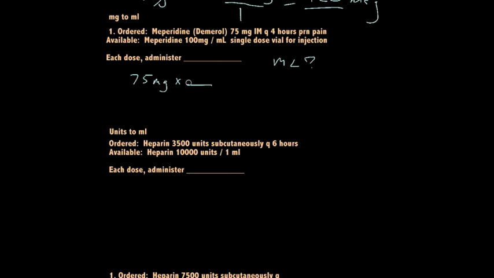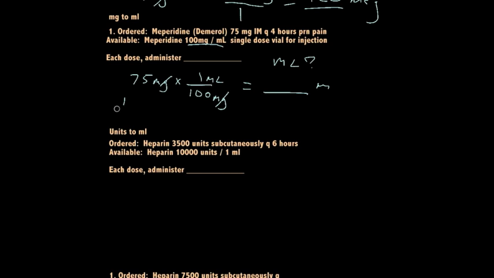So that's what I'm looking to get to. All right, so I have my 75 milligrams. Here's my conversion factor. So I know for every 100 milligrams, I have 1 milliliter. Milligrams here are going to cancel out, and I'll be left with blank milliliters.